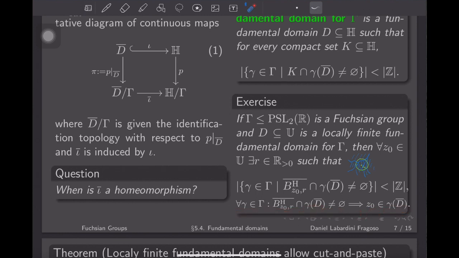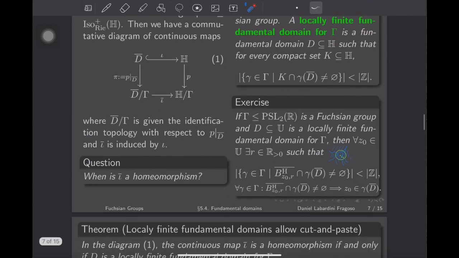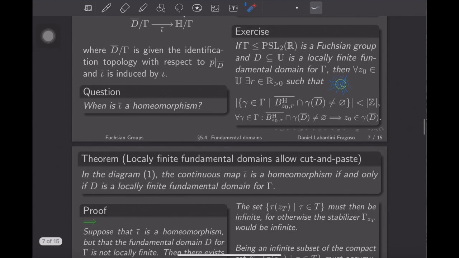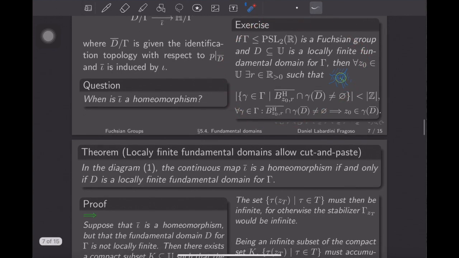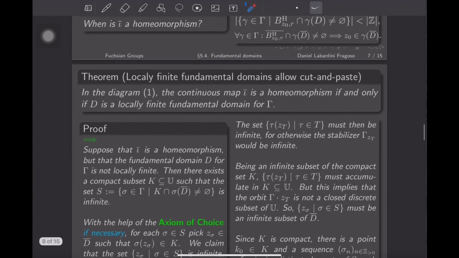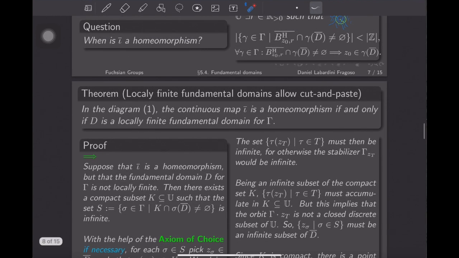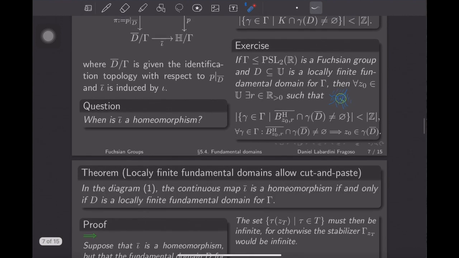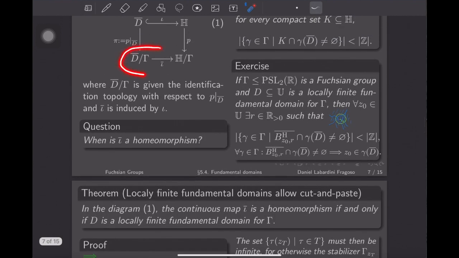So Z naught is in the overlap. As I said, the theorem is that this iota bar is a homeomorphism if and only if D is locally finite.